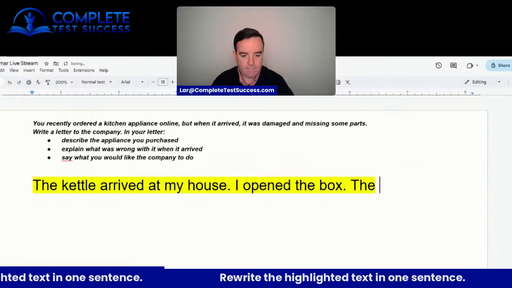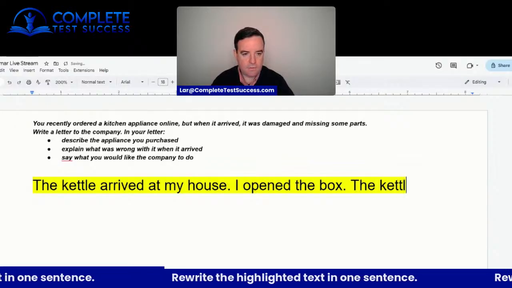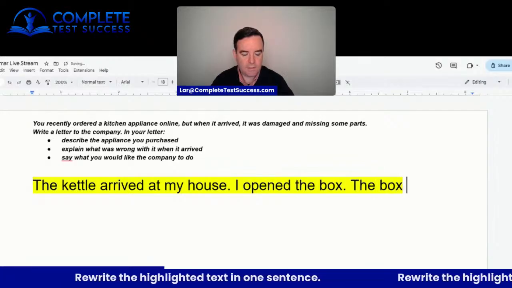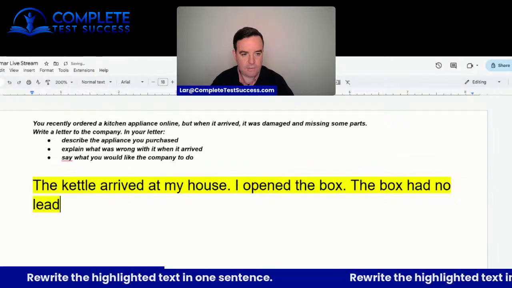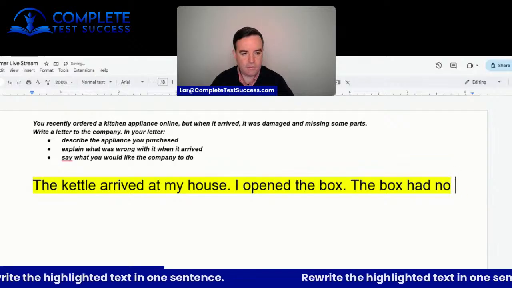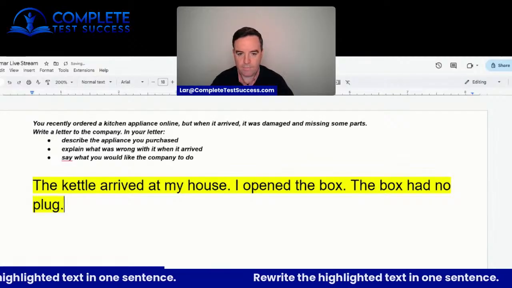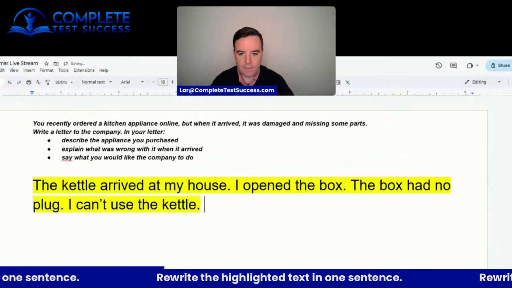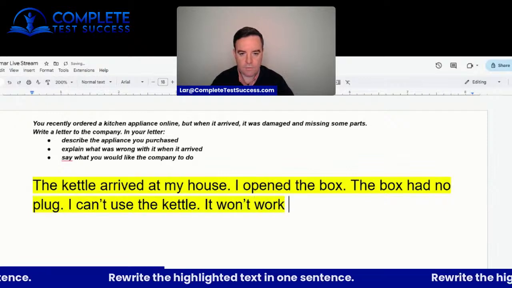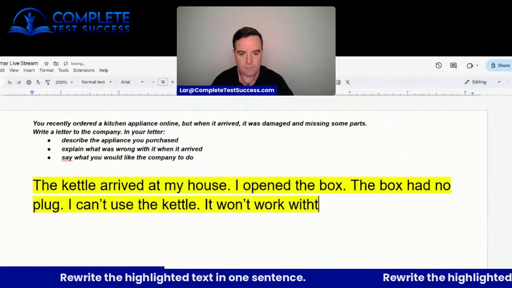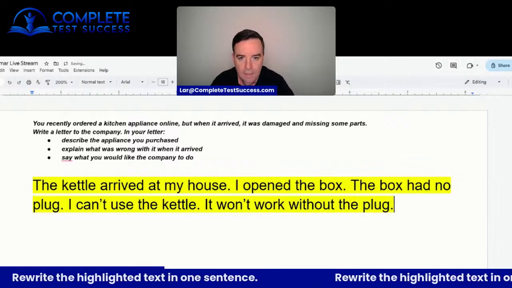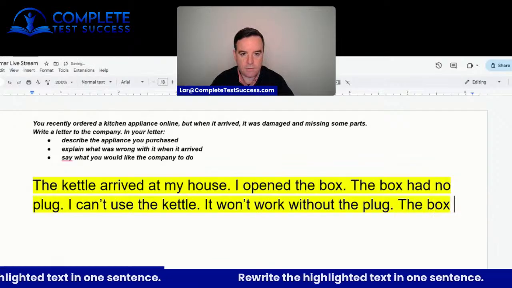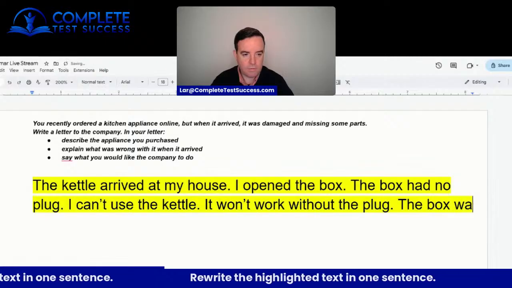The box had no lead. Or let's say no plug. No plug. I can't use the kettle. It won't work without the plug. The box was damaged.